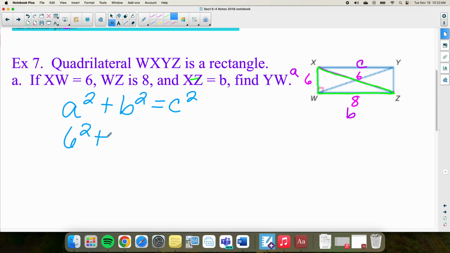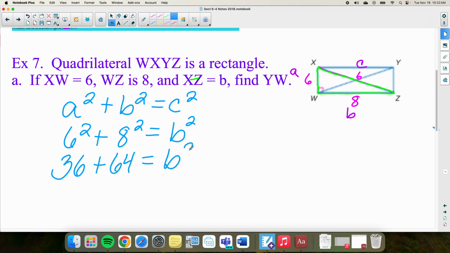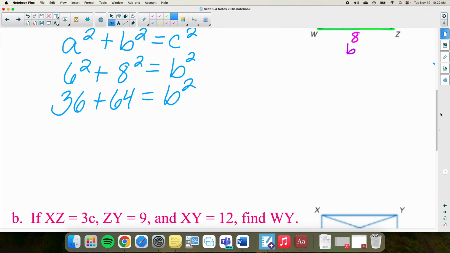B I put with the 8, so that's 8 squared. And this is kind of confusing, but the way they did it is c is actually b, so b squared, okay? Now, 6 squared is 36, 8 squared is 64, and then you can add those together, which you could have just done 6 squared plus 8 squared if you wanted to.